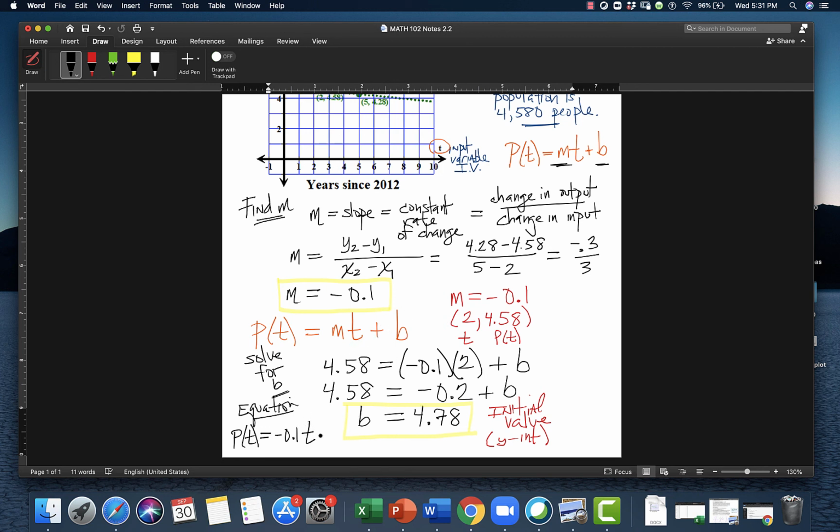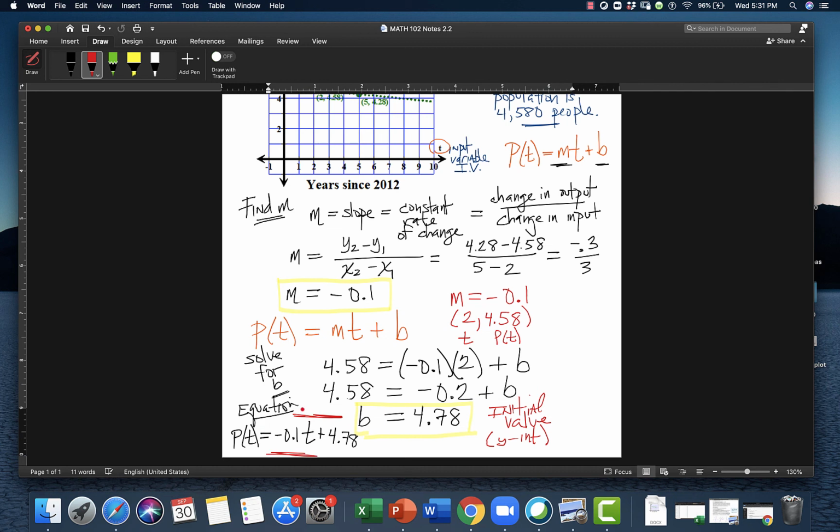Well, b is 4.78. So this now becomes negative 0.1 t plus 4.78. All right, and we're done. So this is some work, guys, but it's very doable.